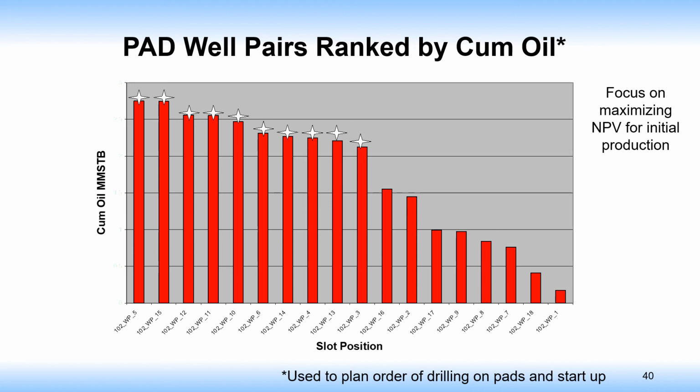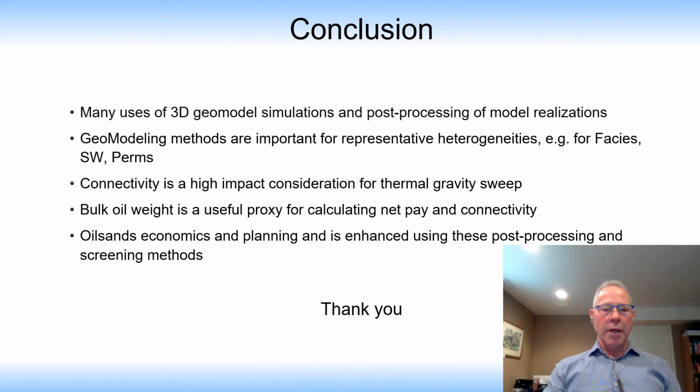But this is the key. These are the best ones to drill up front if you're going to drill a limited set of your locations to initialize production. So in conclusion, there are many uses of 3D geomodel simulations in post-processing model realizations.